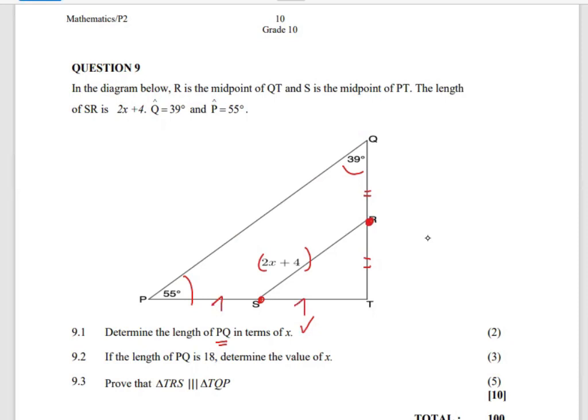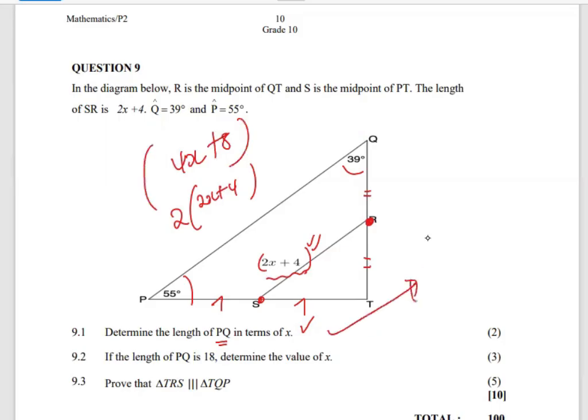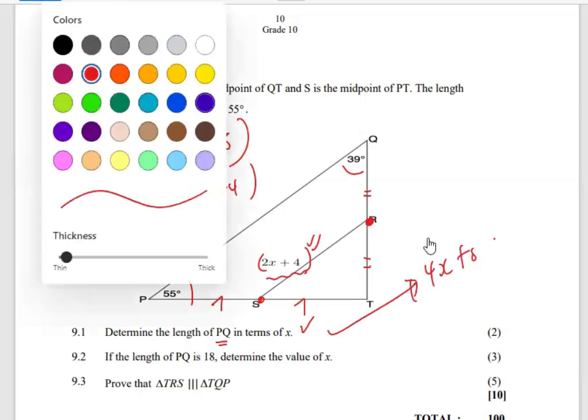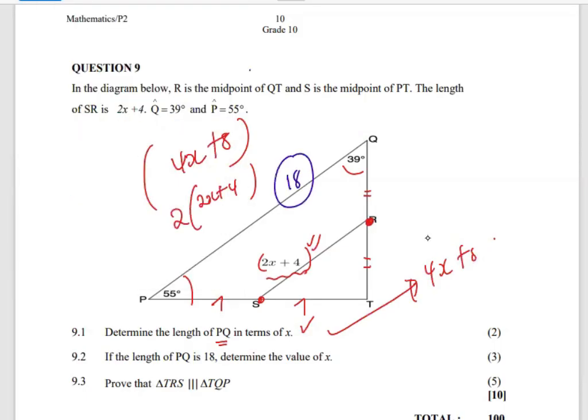So we can use the midpoint theorem. If this is 2x plus 4, then PQ must be twice this distance, 2 times (2x plus 4), which is going to give us 4x plus 8. That's what the question wanted, 4x plus 8. And then if the length of PQ is 18, then automatically this is going to be a 9.